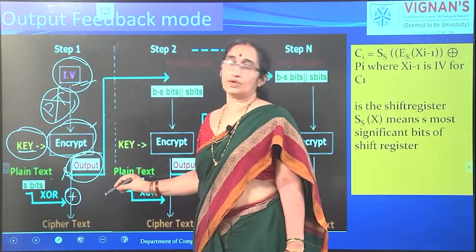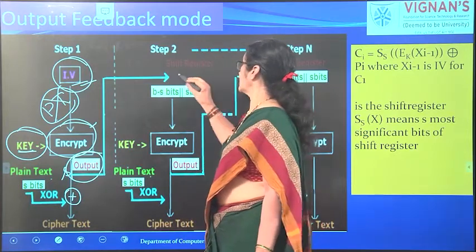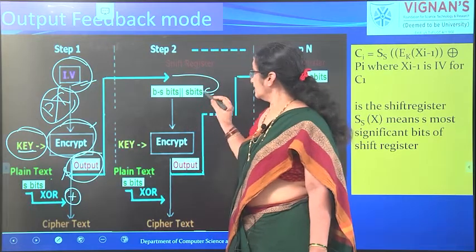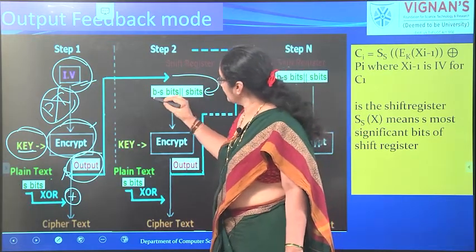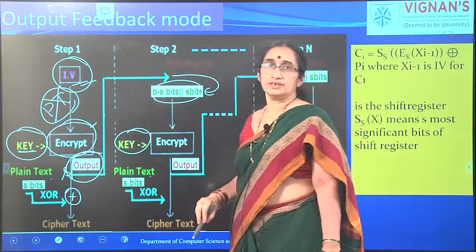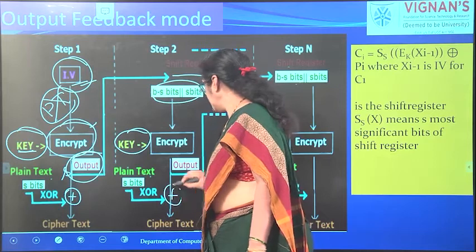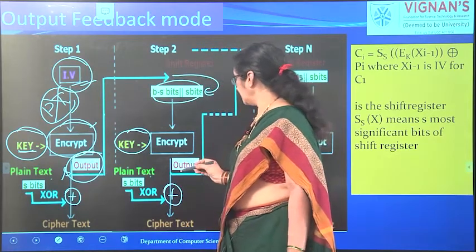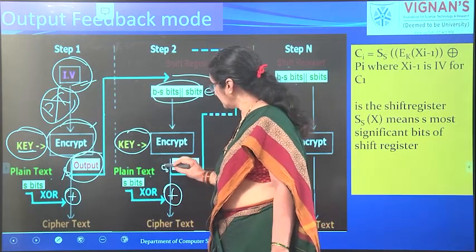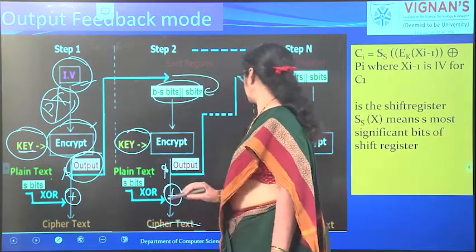That again is taken as input to the encryption function, and the same process continues. You get the output, and to get the cipher text you XOR the S bits of output with the S bits of the plain text.